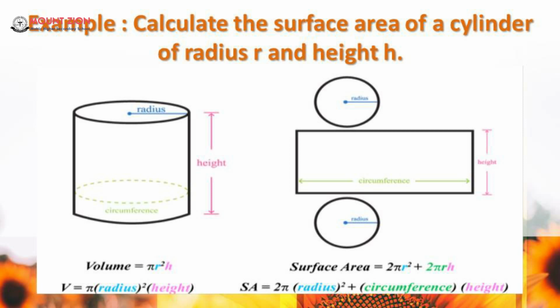If we define the two functions as circle area and circle circumference, then the cylinder area with r and h can be solved. So finally, the cylinder surface area equals 2 pi r squared plus the circumference times the height. With that note, we conclude this session today.